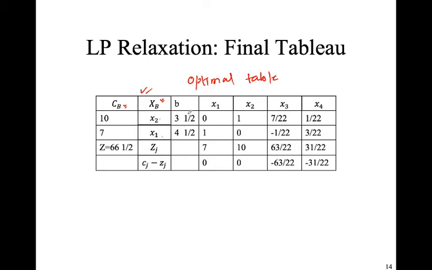Okay. So, in the final table, both variables are getting fractional values, but actually they should have integer values because of the integrity constraints. So that means we are not going to stop here, we have to find the Gomory cutting plane. Then only can we find the integer solution.